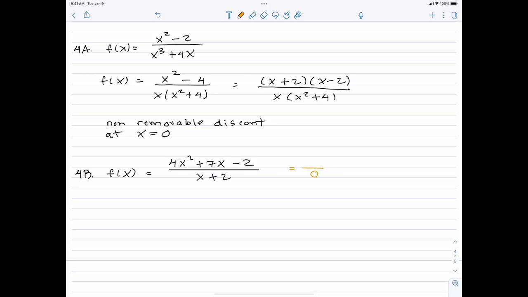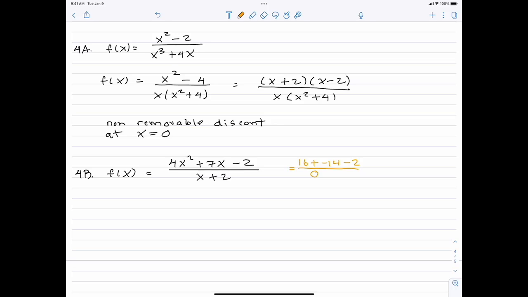In the numerator, I get 4 times 4, which is 16, plus 7 times -2, which is -14, minus 2. So it looks like it's going to be 0 over 0, indeterminate.